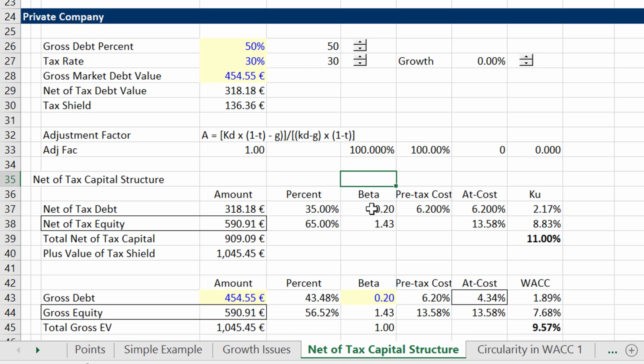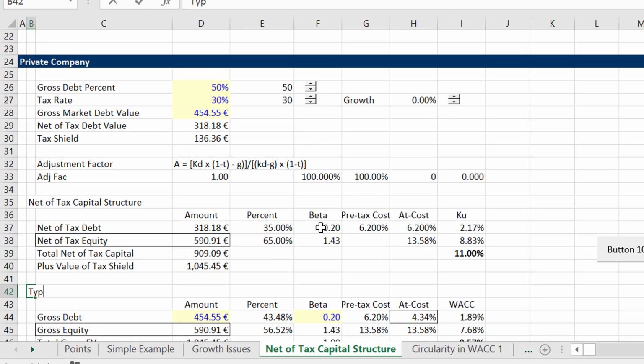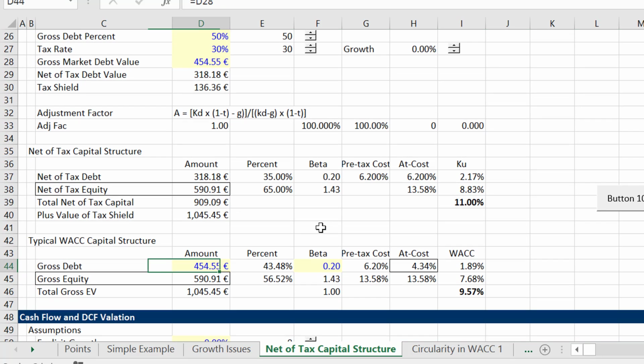All right. So this is our net of tax capital structure, and then we have, I'm going to rename this, our typical WAC capital structure. Now the big difference is that in the WAC capital structure you take the after-tax cost.